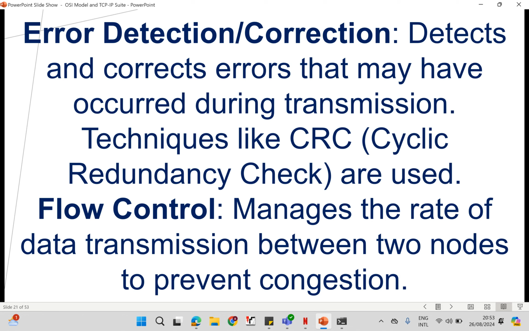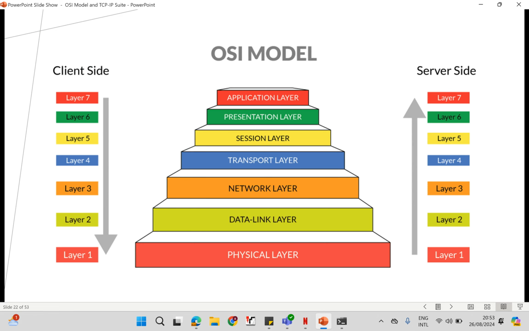So every time data is transmitted, it forwards it to all the ports, which is going to cause congestion, which is going to cause delay on the network. So layer 2 is the data link layer, and a switch operates in this layer. Please note that.